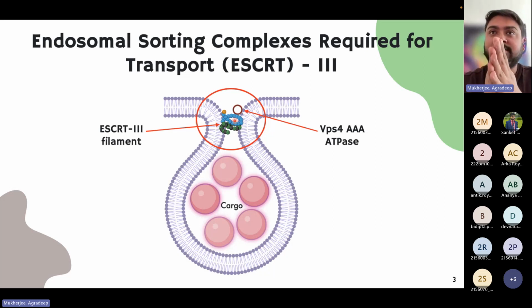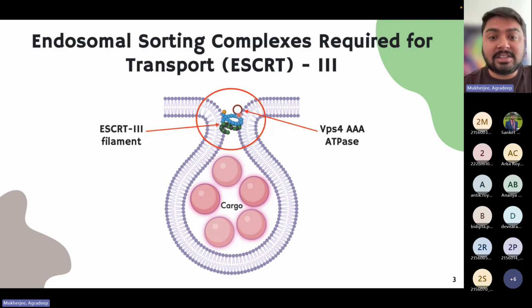The only energy utilizing thing of this entire complex is one ATPase. So it's like an entire car with one engine driving it. Compared to the dynamins, which all have their own machinery, like they are all GTPases or something like that.